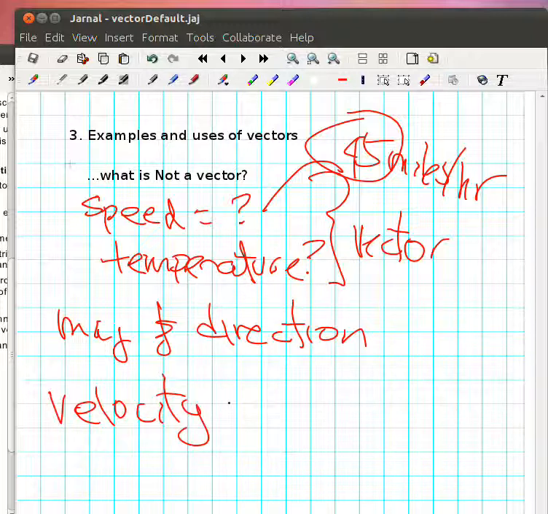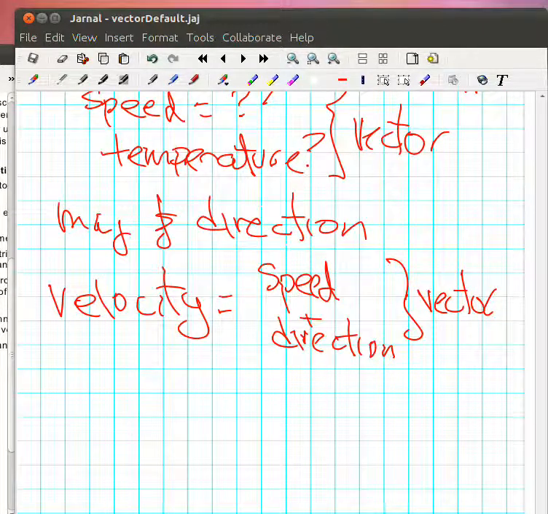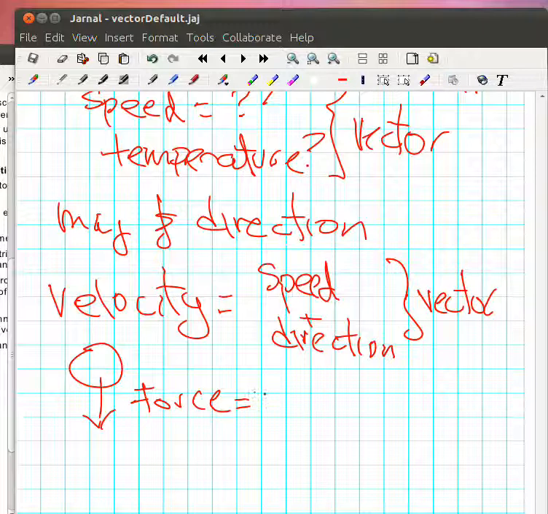But you know what is a vector? Velocity. Velocity is a technical term that says speed plus direction, and that indeed is a vector. And like we've seen before, the force diagram of a mass. Let's say a mass is falling under the force of gravity, so force equals mass times acceleration. Is this a vector?